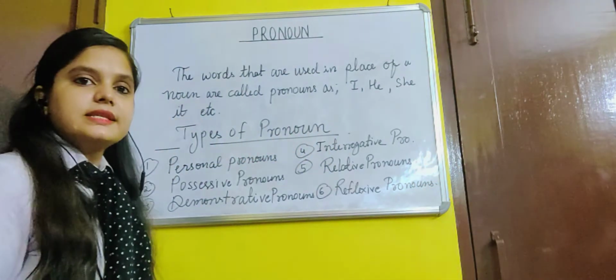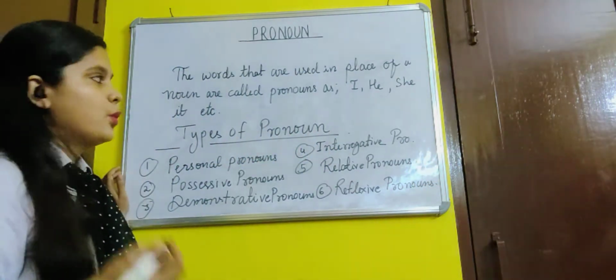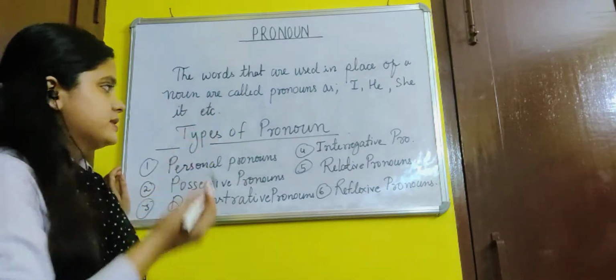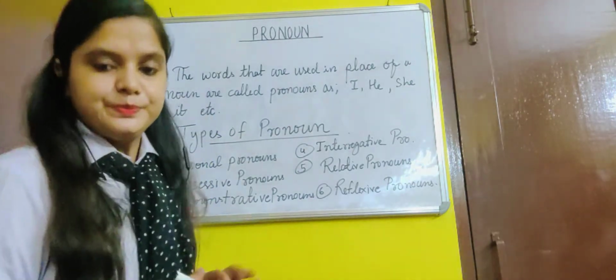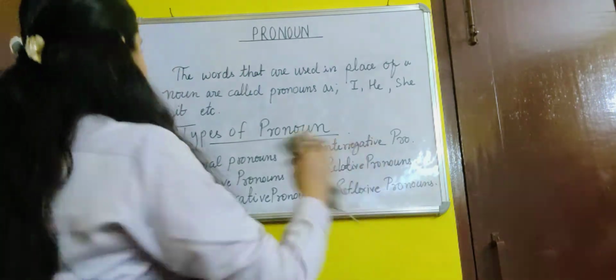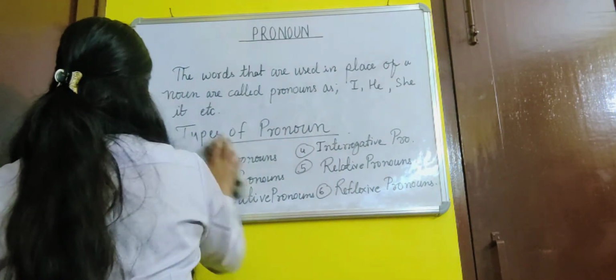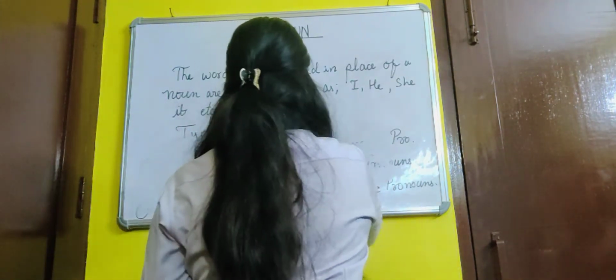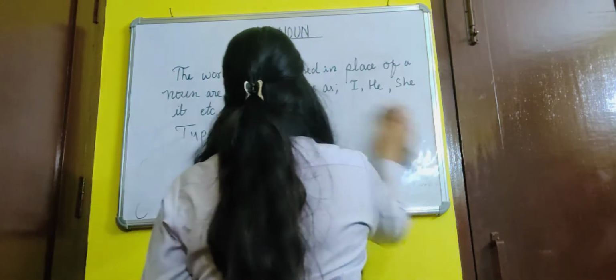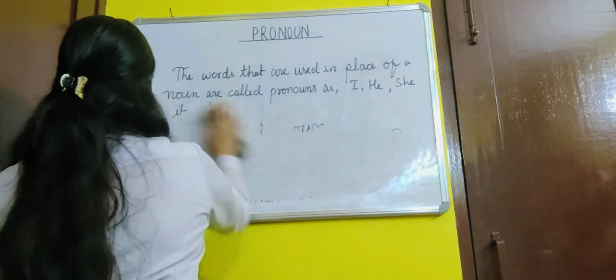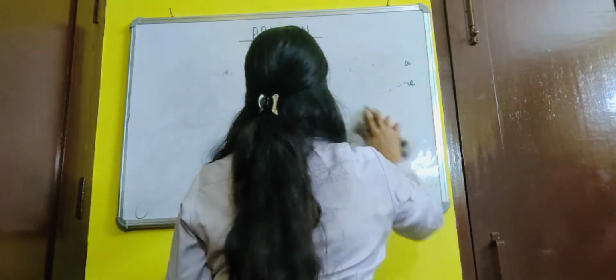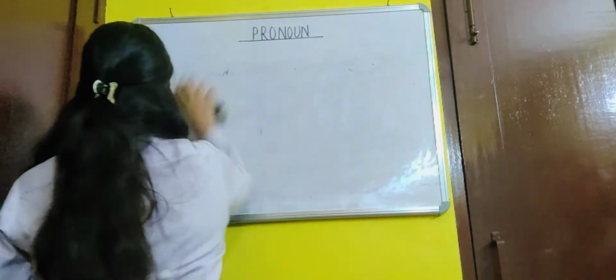So there are 6 types of pronoun. Now we will understand these types one by one. So first there are personal pronouns.